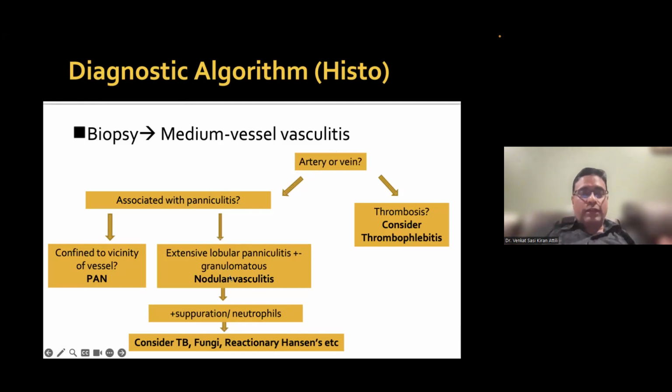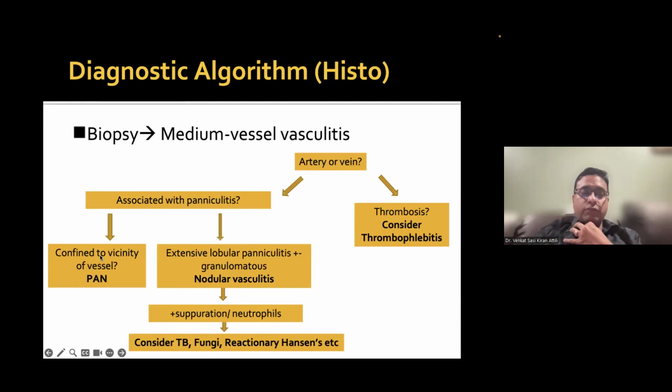If it's lobular, it's nodular vasculitis. If it's septal, it's PAN, and in PAN the inflammation is often confined to the vicinity of the vessel. If there are associated neutrophils and suppuration, then you need to think about id reactions, fungal granulomas, fungal panniculitis and vasculitis, etc.